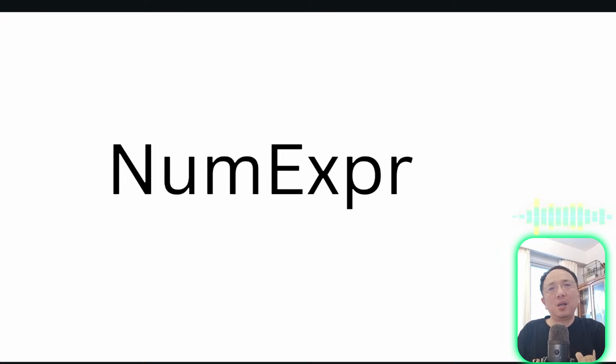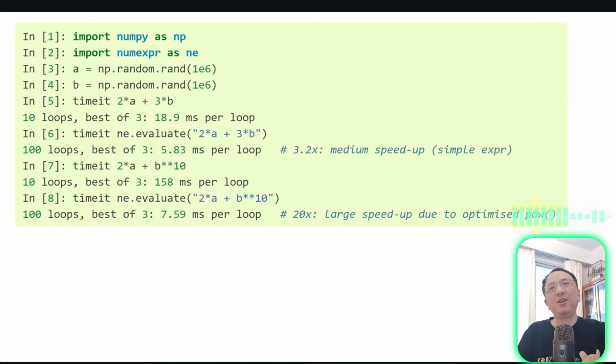NumExpr. It is also a tool that has existed for more than 10 years, and it is integrated with pandas. Although the speedup of NumExpr is not as dramatic as Cython and Numba, it is easier and more convenient to use. What is NumExpr?